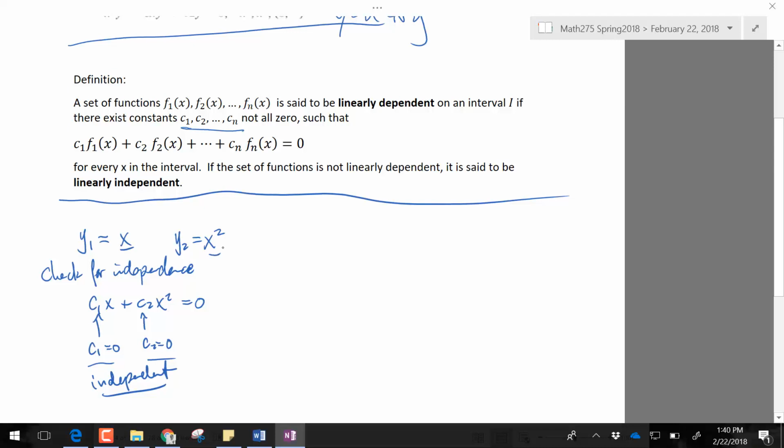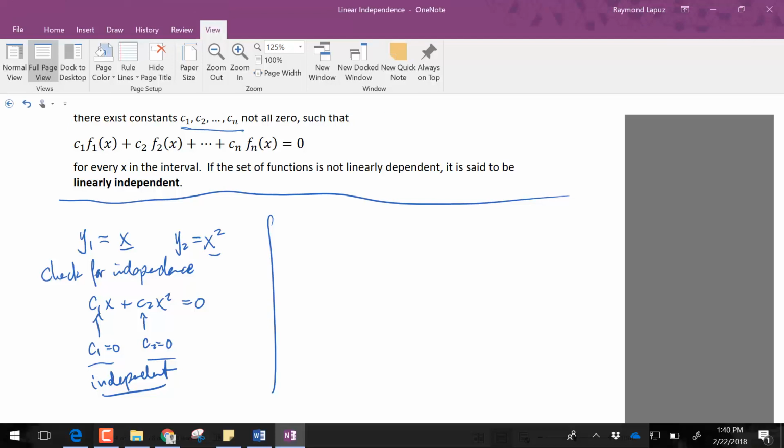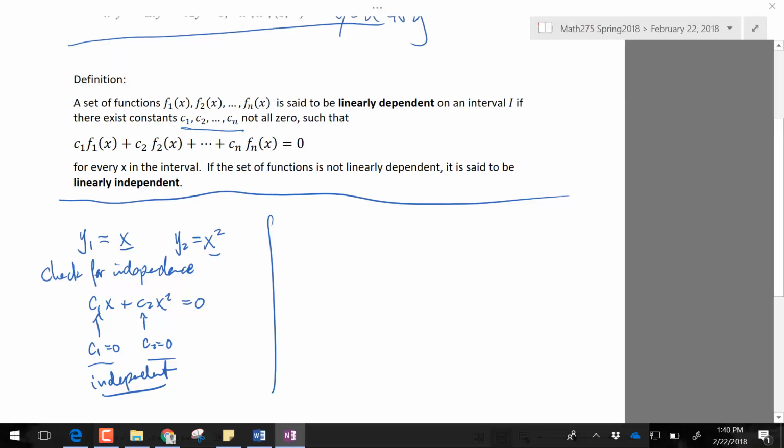Now, as a contrast, let's take a look at an example where you have dependence. y1 is equal to x squared plus x, y2 is equal to x plus 1, and y3 is equal to x squared plus 1.